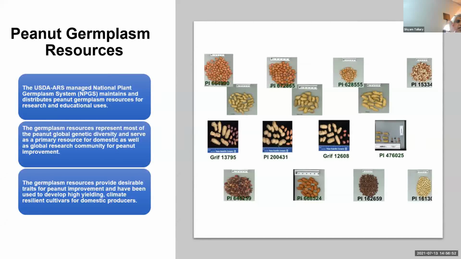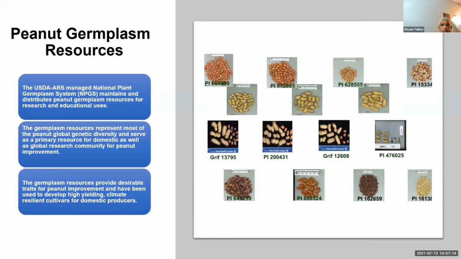Talking about peanut germplasm resources, the National Plant Germplasm System, which is managed by the USDA Agricultural Research Service, maintains this germplasm collection in Griffin and distributes the germplasm resources for research and education uses.